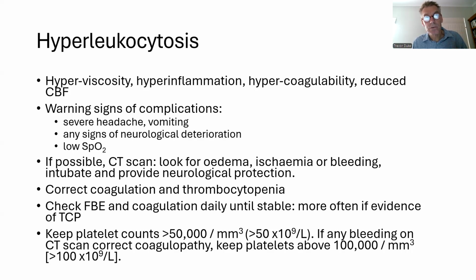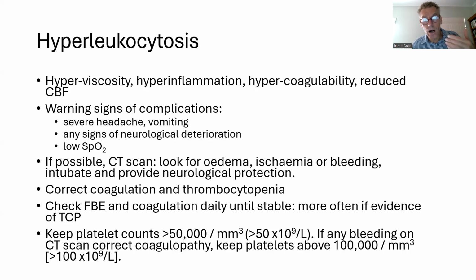And if your neutrophil count is high, even if it's 20 or 25, those neutrophils are active and producing inflammatory mediators. But when you've got an extremely high white cell count of more than 100,000, with AML particularly, then those myelocytes are producing lots of inflammatory mediators.